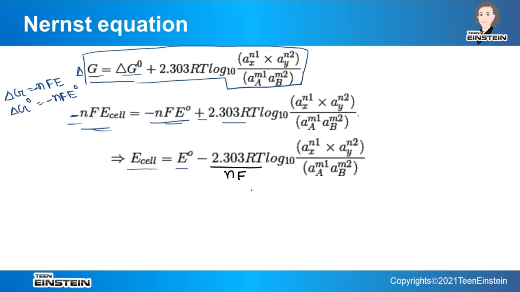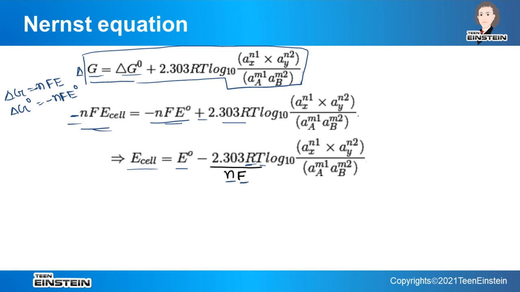Now 2.303, then the n value depends on the reaction, that is how many electrons are actually involved. But here some constants are there: R is constant, temperature is constant at 298, and the Faraday value is also constant.